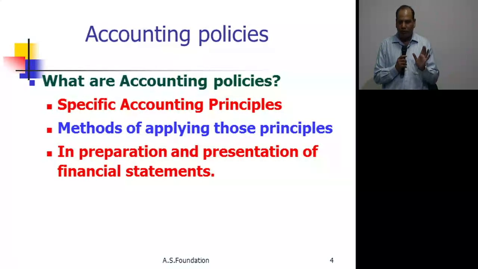Another principle is fixed assets should be depreciated over their useful life. That is an accounting principle. Okay. Current investment should be valued at cost or fair value, whichever is lower. That is an accounting principle.